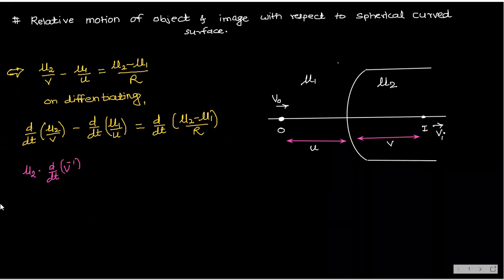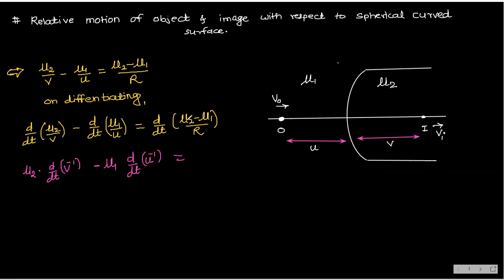This step you understood? 1 by v I have written as v power minus 1. Minus, here also mu1 I am taking outside because it is constant, and then d/dt of u power minus 1.